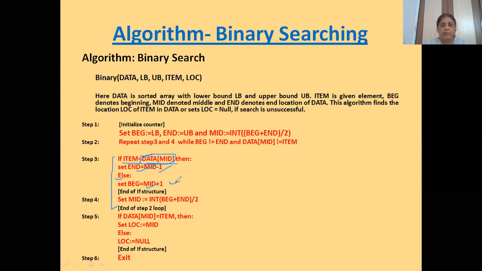And then in the same loop, what is the fourth step to repeat? You have to again set the mid value for the new array. Okay, every time there is a new array. If your search is going in the second half, your beginning will change, so your next mid value will be different because you have changed your beginning. So here again you have to change the mid value with the help of the same formula. So these two steps you need to repeat till these two conditions are satisfied.